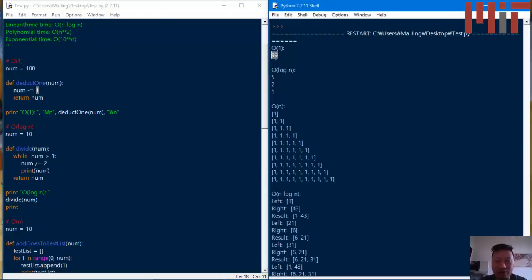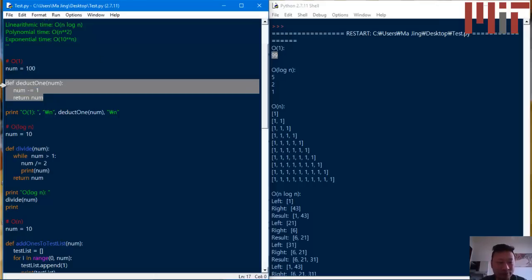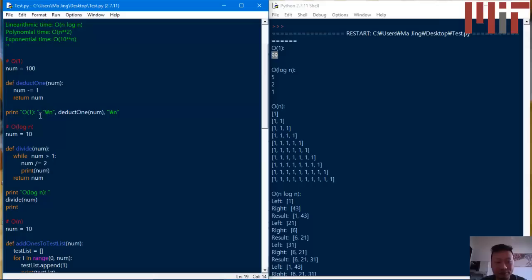So regardless of how big the input is, there's only one operation in this function, minus 1. This number could be as big as you want or as small as you want, but there's only one single constant operation. So this algorithm is called constant time or Big O of 1. This is a very fast, very efficient algorithm.